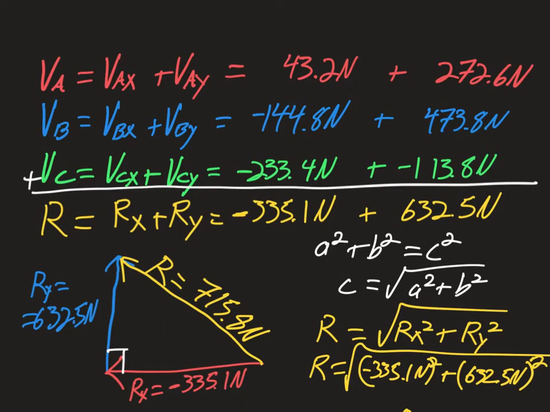Okay, now that you have all of your component parts, you do that simple vector addition you learned before, where all of these added together will give you a resultant vector, right? Well, you need the component parts because you can only add things that are in the same direction. So all of my x components and all of my y components I can add.